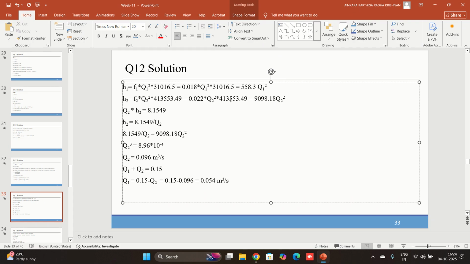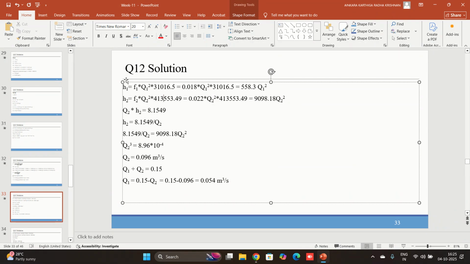And H2 remains the same: f2 into Q2 square into 413,553.49. It is 0.022 into Q2 square into 413,553.49. So that becomes 9098.18 Q2 square.